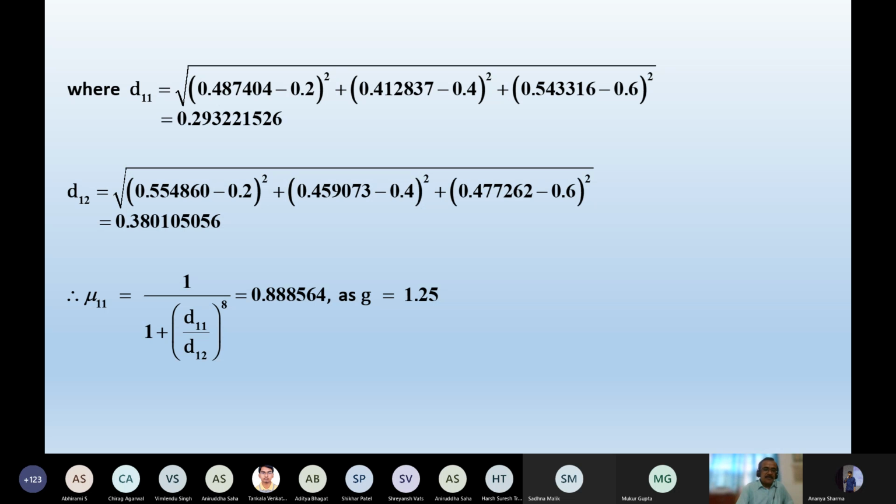Now to calculate this particular mu11, I need the numerical values of d11 and d12. And once you've got d11 and d12, very easily you can write down this expression for mu11, and you'll be getting the numerical value 0.888564 as mu11.